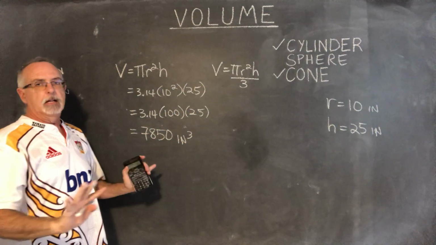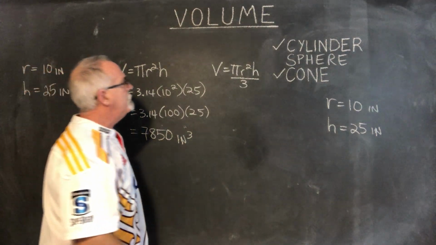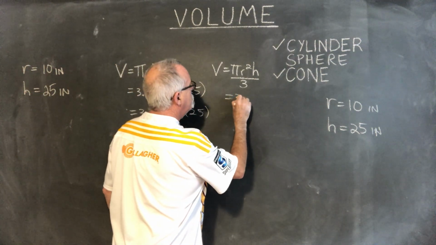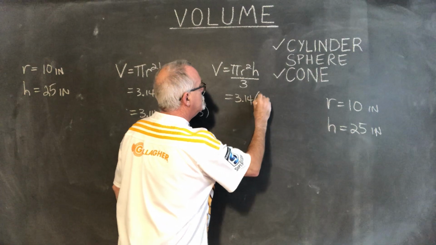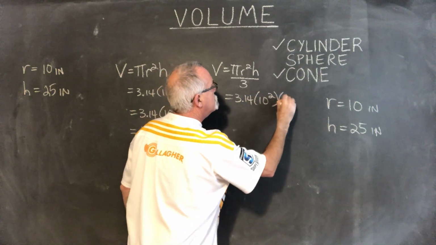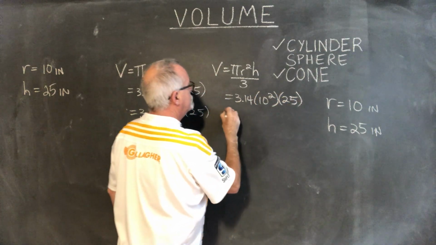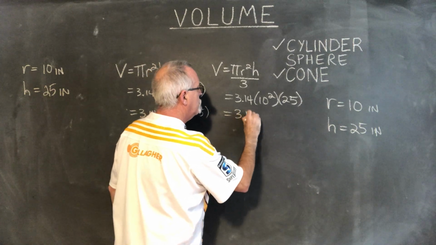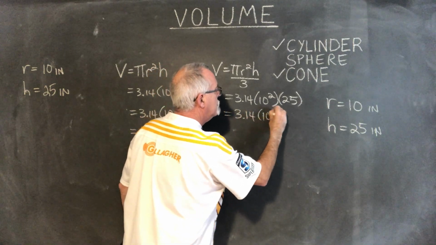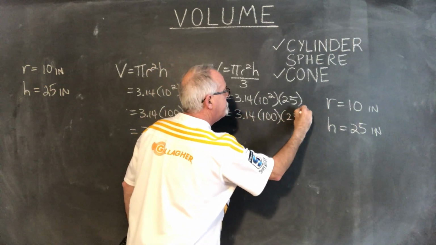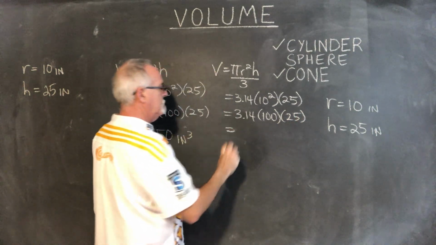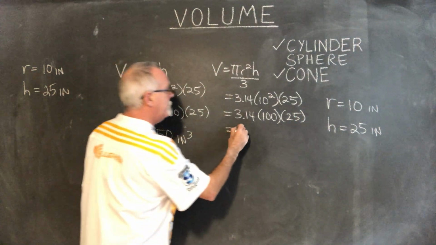But it's fine to use 3.14 as pi. 3.14 times 10 squared times 25 equals 3.14 times 100 times 25 equals 7850.